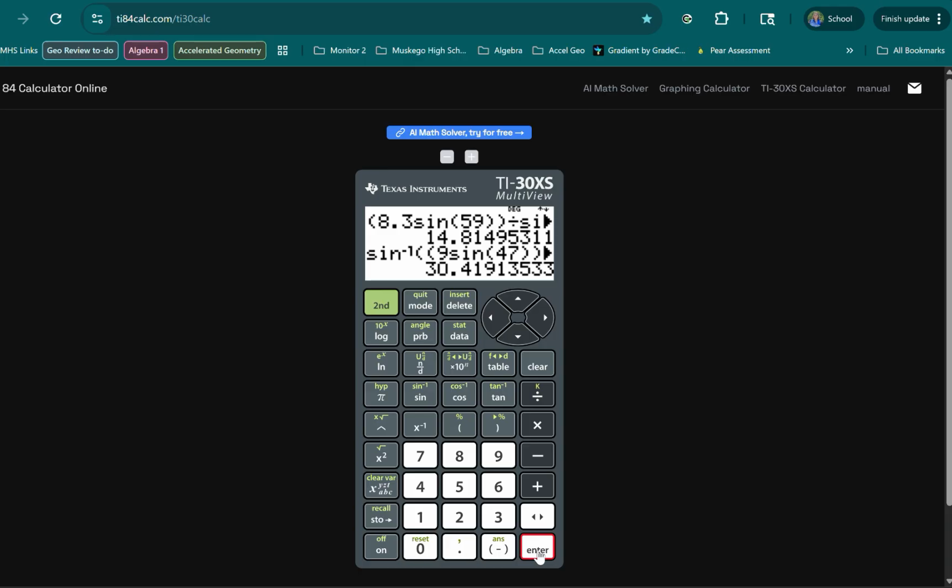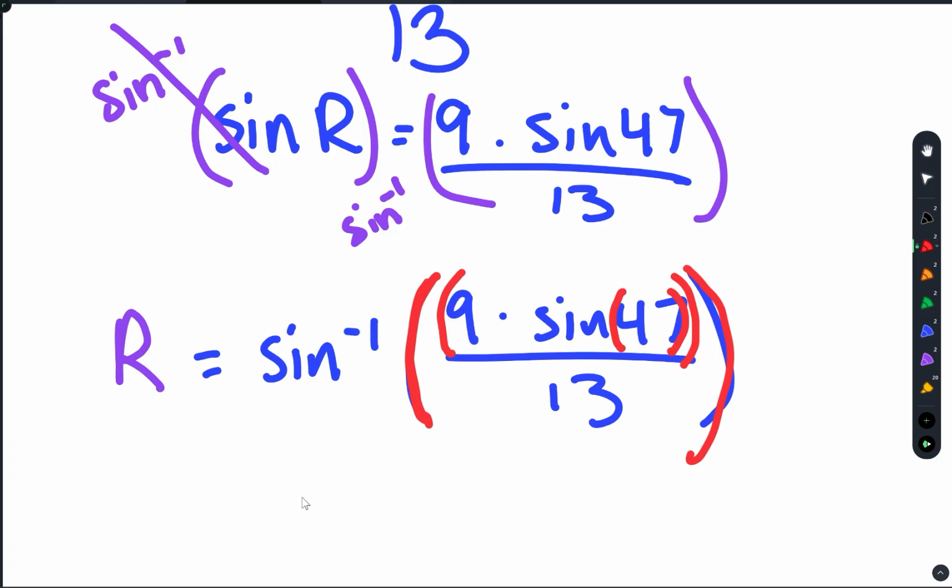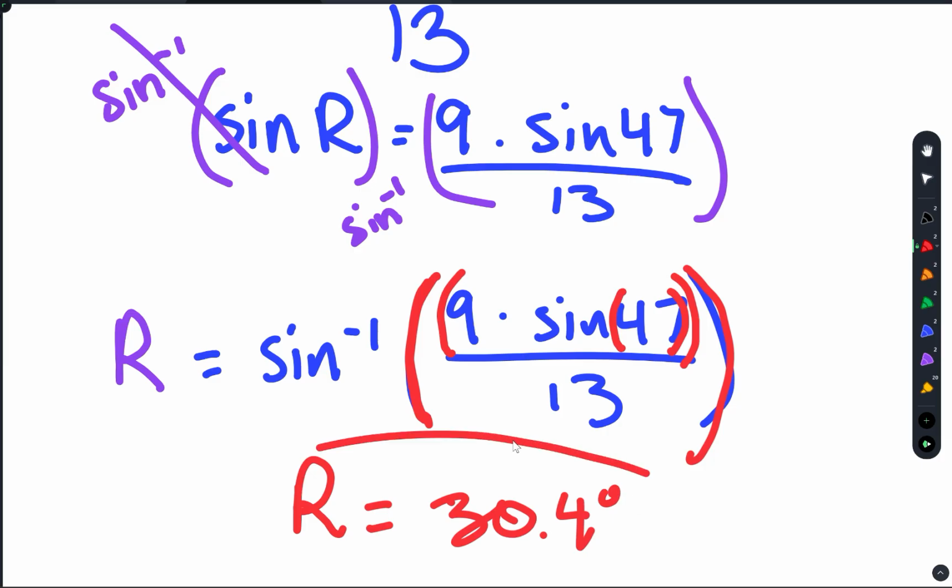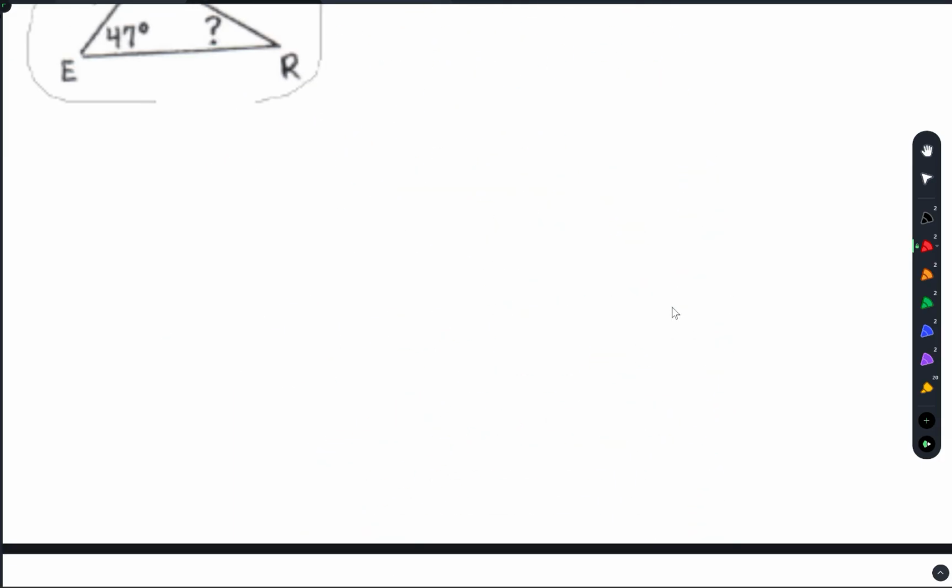Hit enter. I got 30.4. Is anybody not getting these numbers? Check your mode is in degrees. Everybody good? Okay. All right, let's move on. What did I say? R equals 30.4 degrees. Look at the next page.